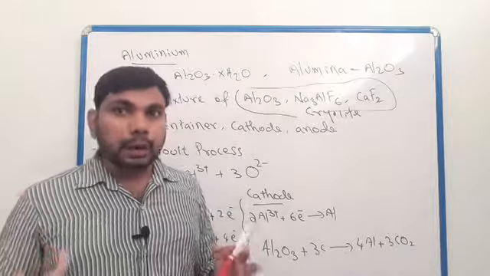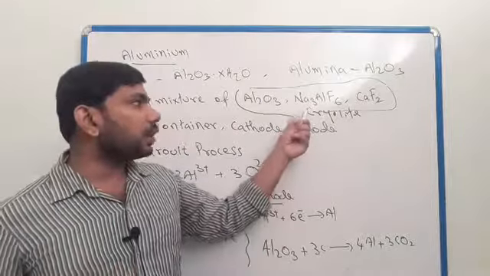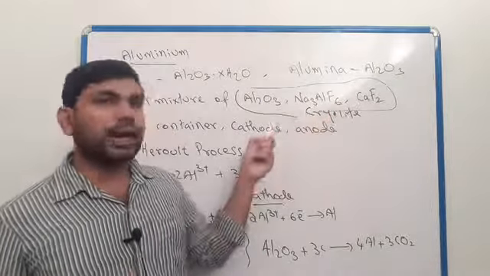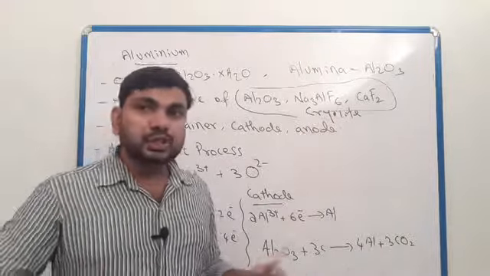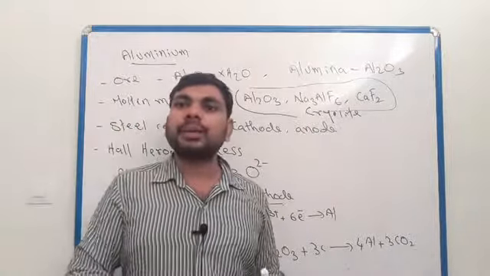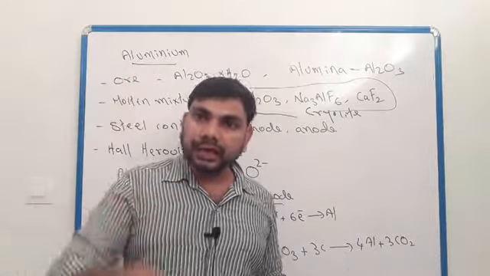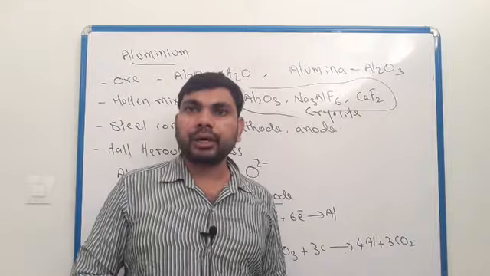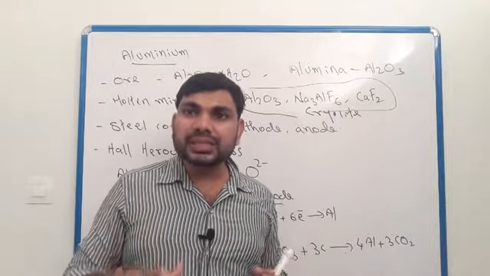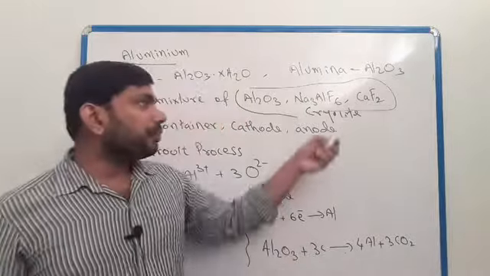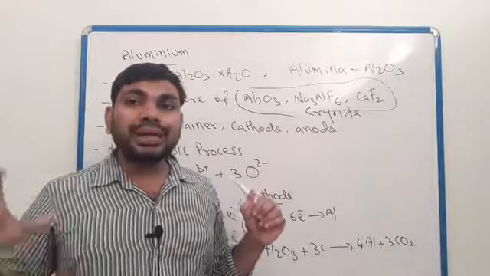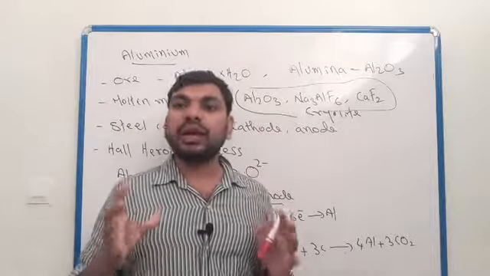When we use a molten mixture of cryolite and calcium fluoride with alumina, this helps to reduce the melting point of alumina from 1500 degrees Celsius to 900 degrees Celsius. So it helps to reduce expense. Also, it helps to increase the conductivity of the electrolyte.